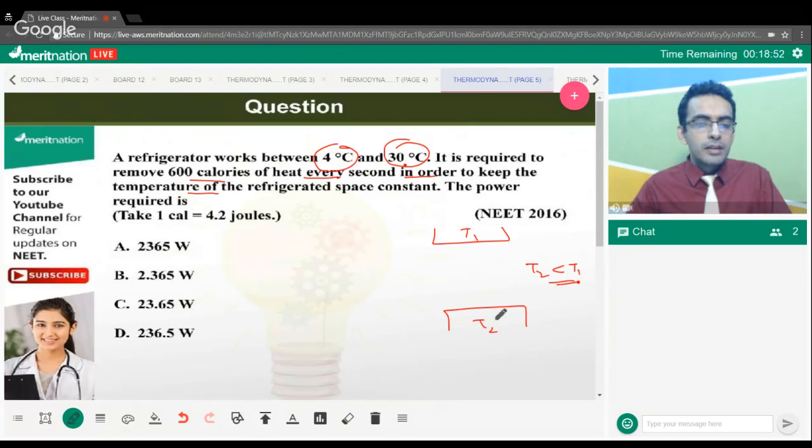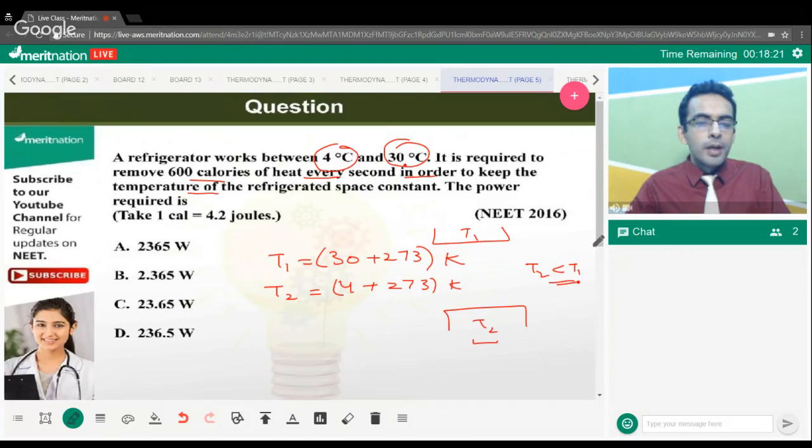From here you can understand that T2 is 4 degrees Celsius and T1 is 30 degrees Celsius, right? So we can say that T1 is equal to 30 plus 273, in kelvins, and T2 is equal to 4 plus 273 in kelvins.